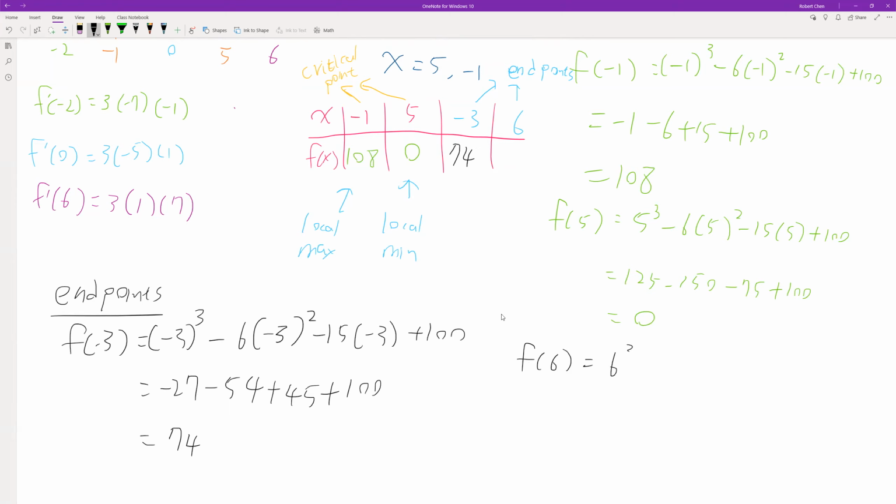And f of 6 is 6 cubed minus 6 times 6 squared minus 15 times 6 plus 100.